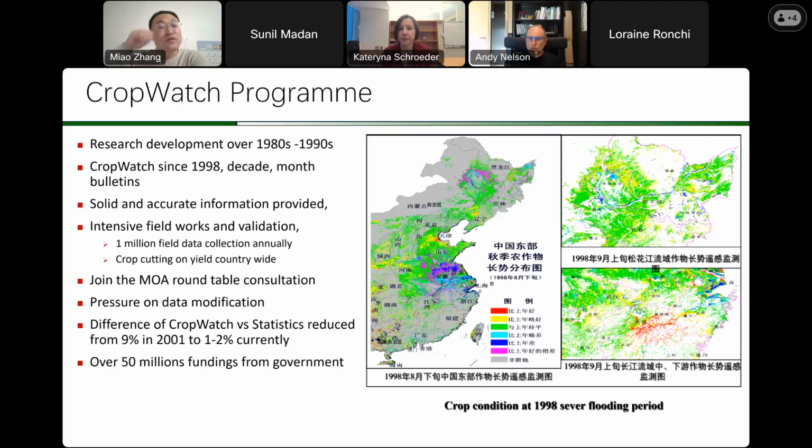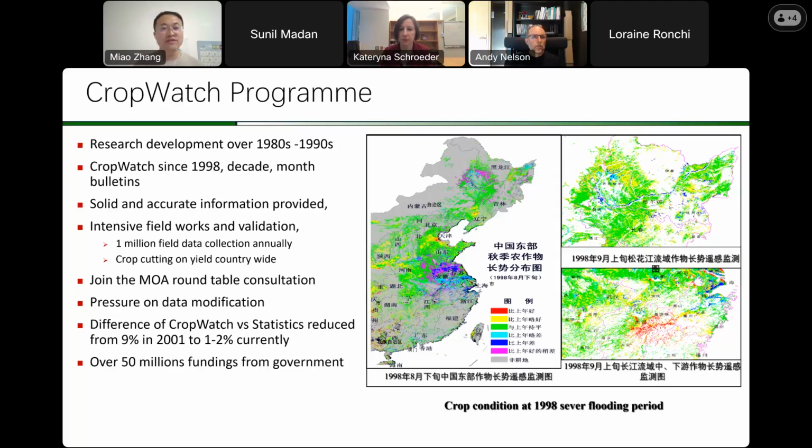So we submitted our remote sensing based estimation to the central government, and they took our information and made corresponding decisions, like providing more support to build warehouses to store the additional crop production.